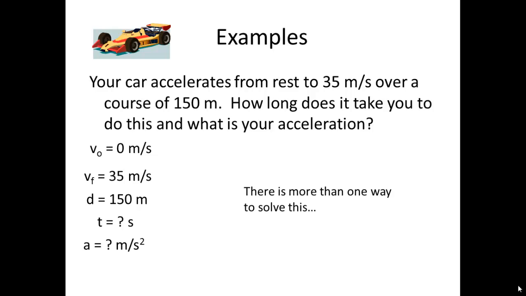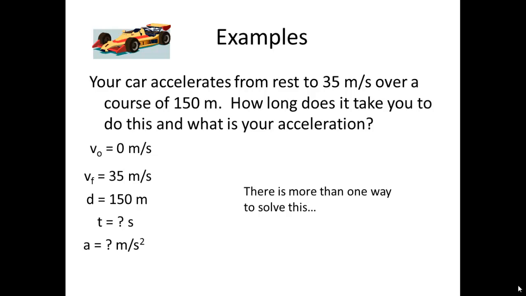There are multiple ways to solve this problem. You have 4 equations to choose from, and you can decide if you want to solve for time or acceleration first. Depending on which one you solve for first, that can change the equation that you use to solve for the second one. As long as you get to the end point correctly, it doesn't matter which method you choose.